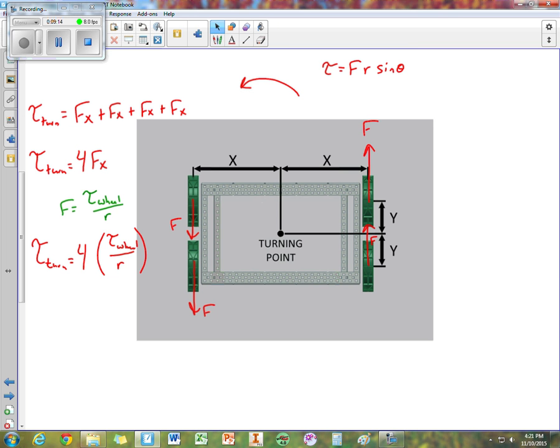Now there's scrub that fights it. As this turns, we have friction, and friction opposes sliding. So here we would have some friction pulling in this way, and some friction pulling out in that way. And this is all kinetic friction because it is sliding.